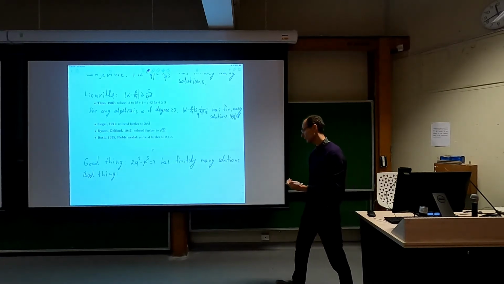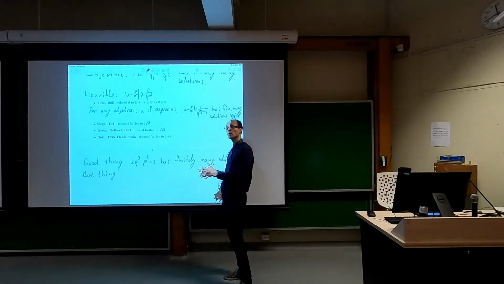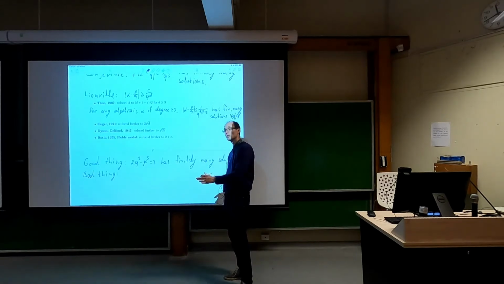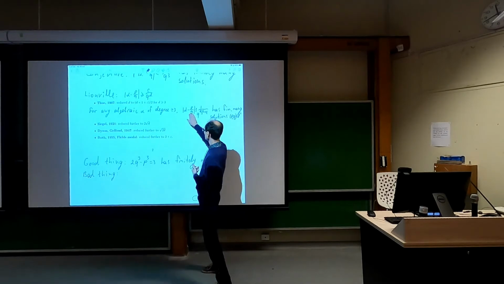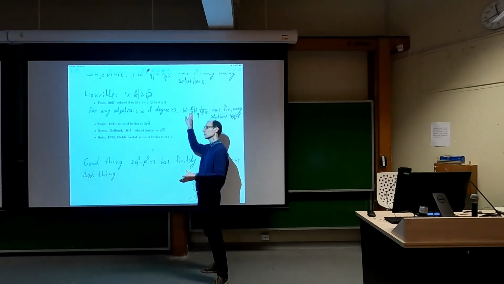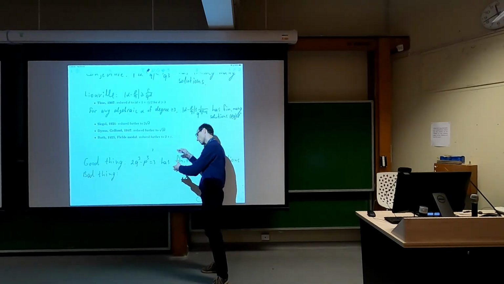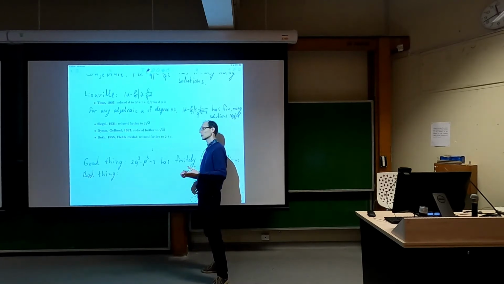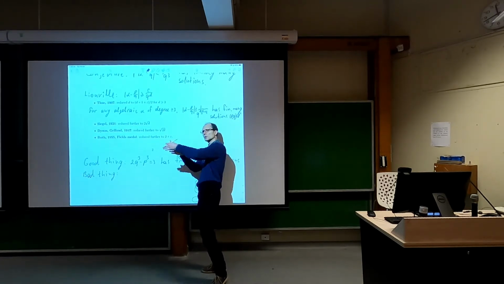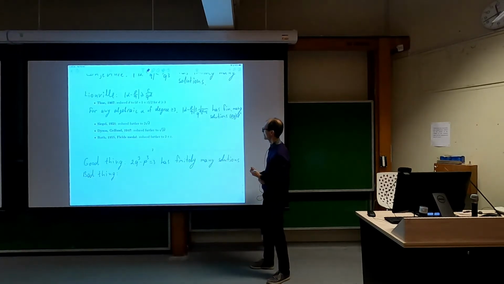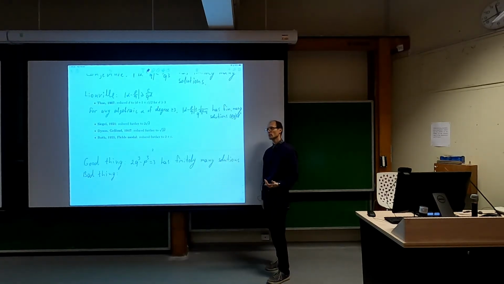You do not know how far you need to search so that you can say there are no more solutions. So maybe if you search up to q equals 100, that's enough, but you do not know that. Maybe you need to search up to 1 billion, or maybe up to a number like 10 to the 10 to the 10 to the 10. You only know that there are finitely many solutions, and this is it.